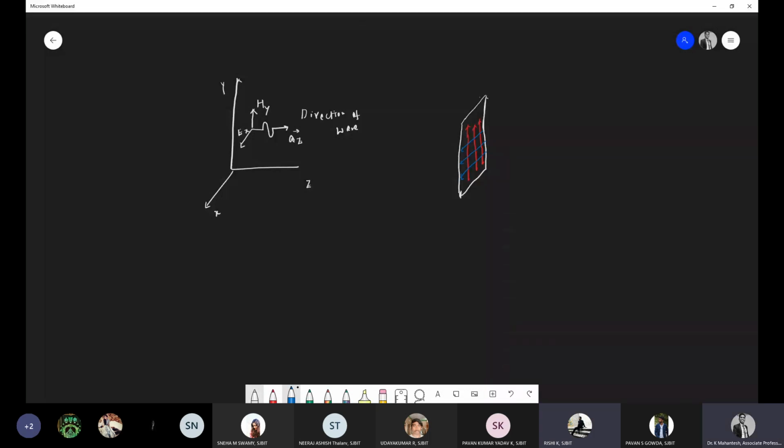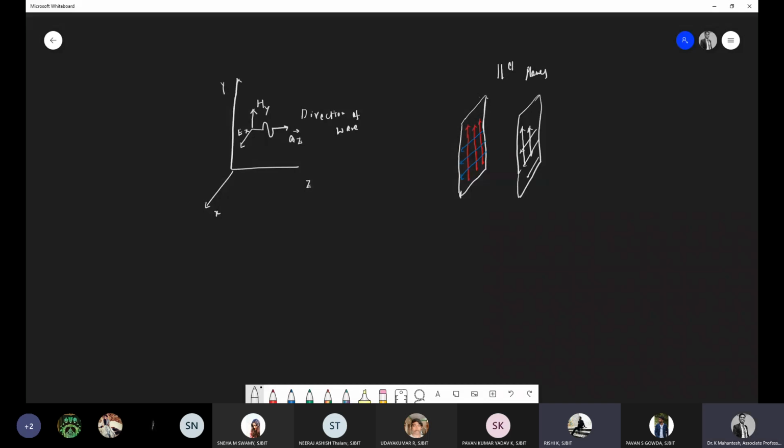you may consider another parallel plane. I could have copied and pasted. Have another parallel plane. These two are parallel planes. And again, you could have a similar kind of electric and magnetic fields.